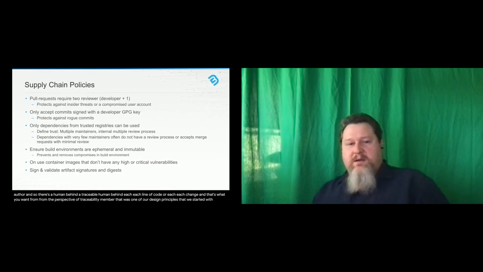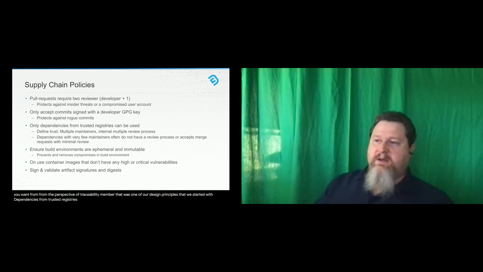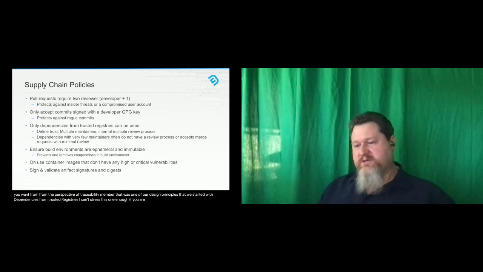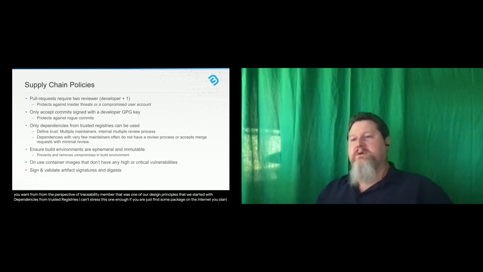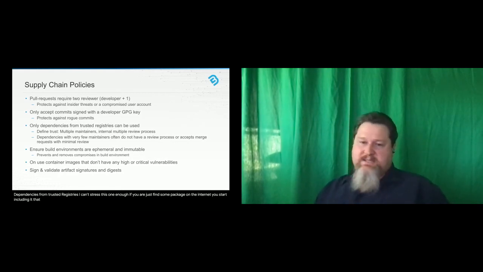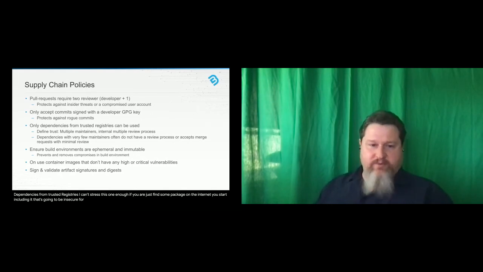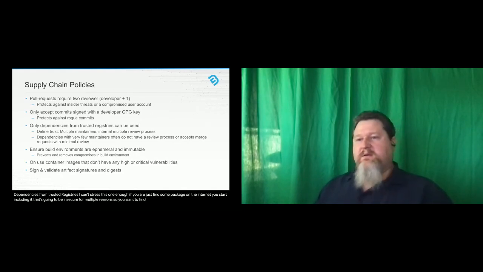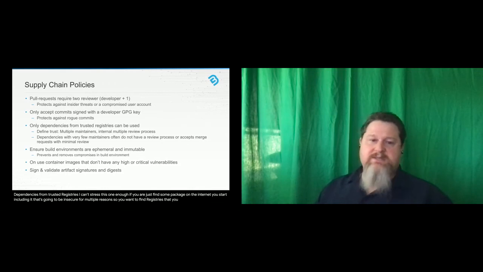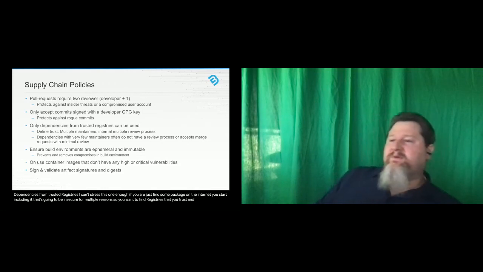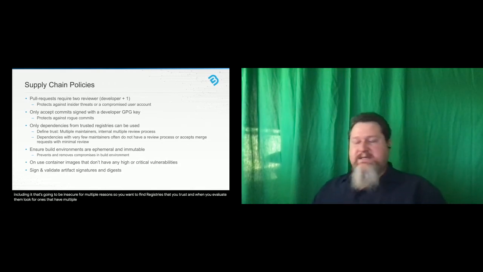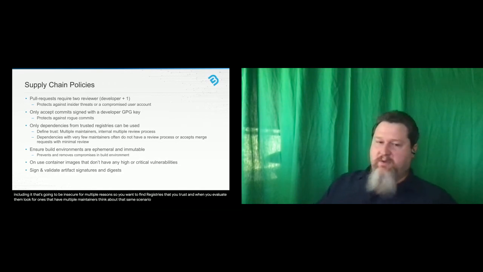Only accept dependencies from trusted registries. I can't stress this one enough. If you find some package on the internet, you start including it, that's going to be insecure for multiple reasons. So you want to find registries that you trust. And when you evaluate them, look for ones that have multiple maintainers. Think about that same scenario that we talked about earlier.